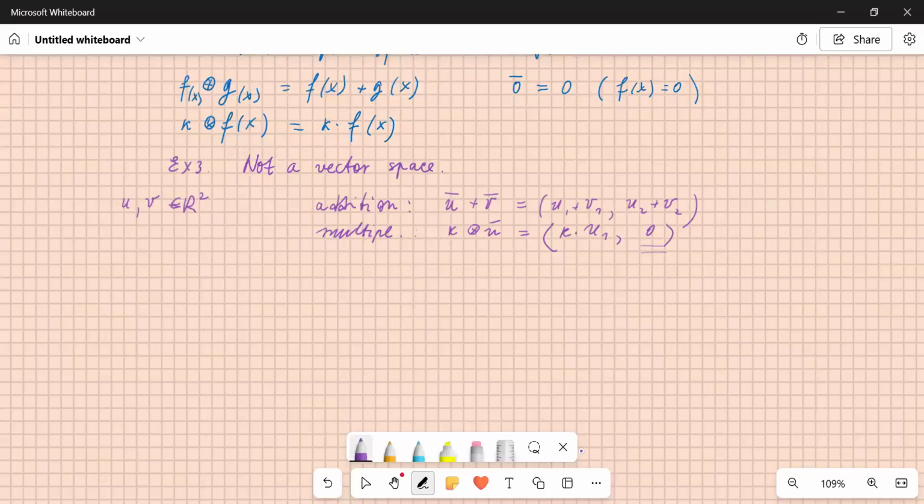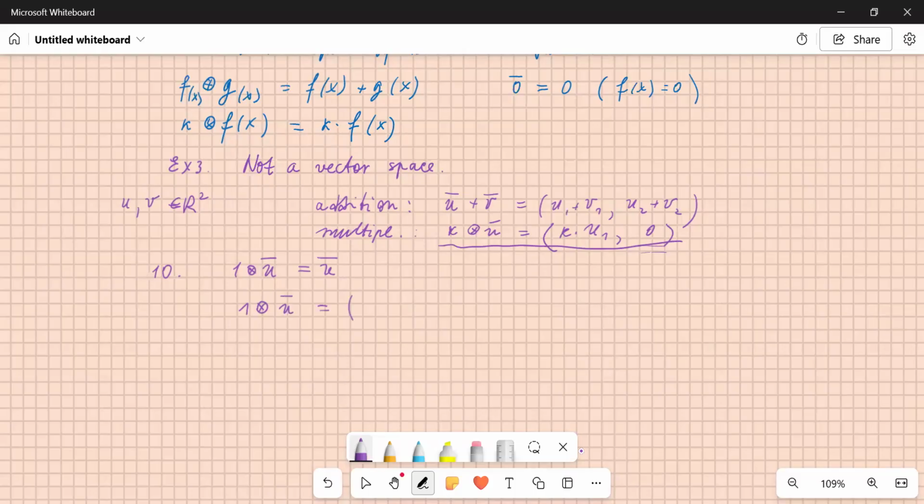The only one axiom which is not going to work if you start checking all of them is axiom number 10. I'm going to start checking axiom number 10. So 1 multiplied by vector u is supposed to be vector u. So what if I do this multiplication as 1, using this special multiplication, multiplied by vector u?